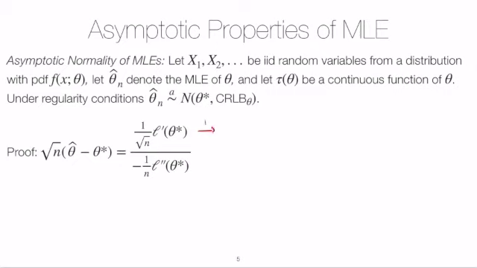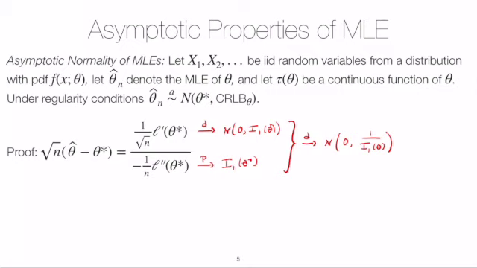We showed that the top converges to a normal with Fisher information, sample size 1, and that the bottom converges in probability to the Fisher information, sample size 1. So putting this together, I think it's easily seen that all of this will converge in distribution to a normal 0, 1 over the Fisher information of sample size 1.